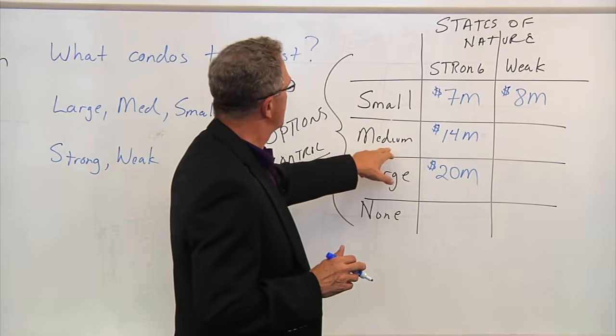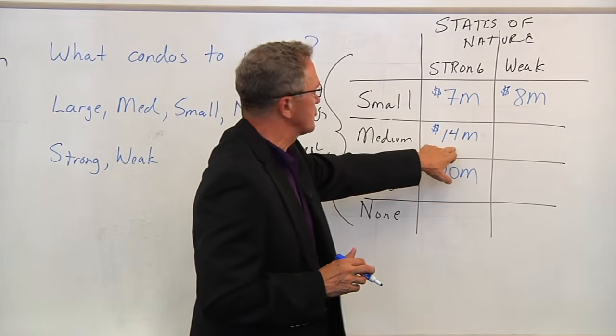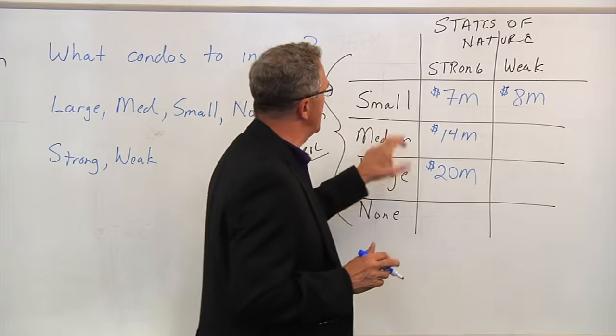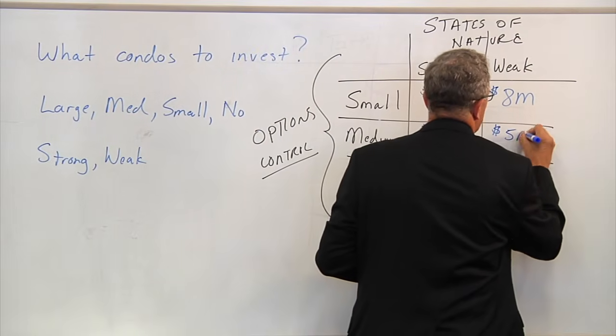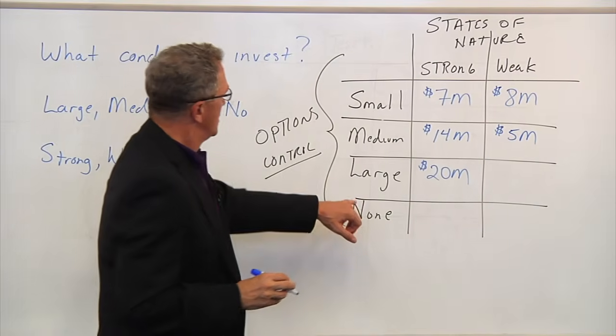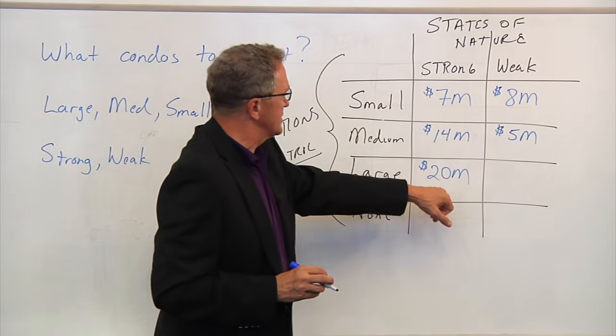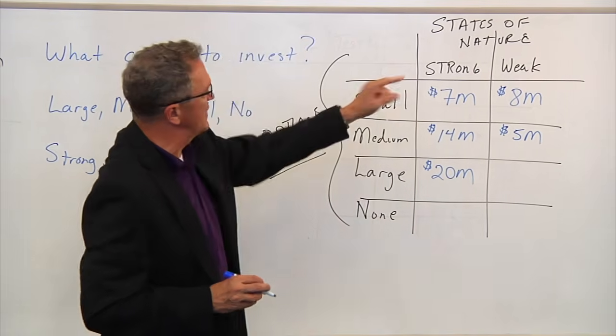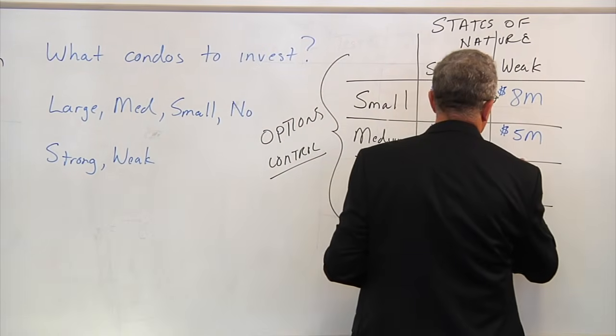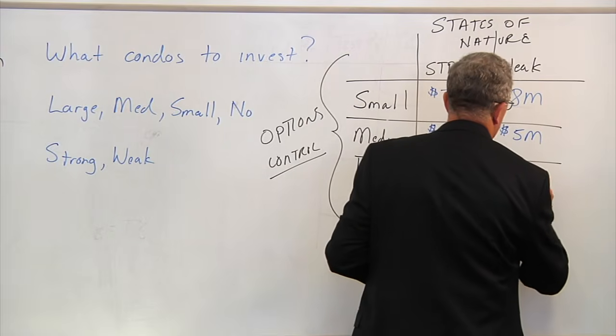Keep going. We said that if it was a medium condo and we had strong demand, it would be $14 million. If it was weak demand and we chose mediums, we could expect to get $5 million back. Large condos, strong demand yields a $20 million return. If we invested in large and there was weak demand, we can expect to lose $9 million.